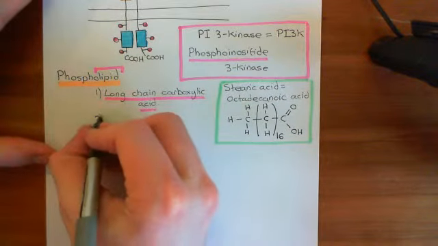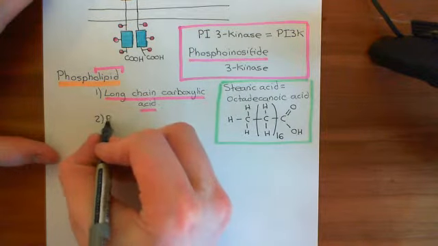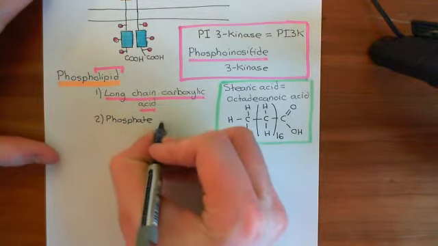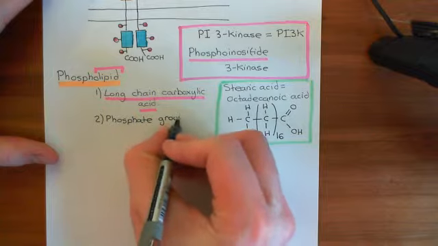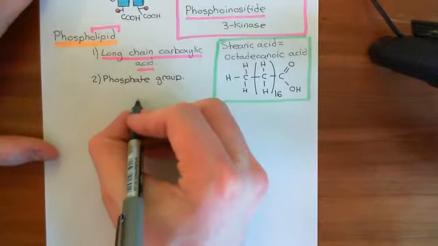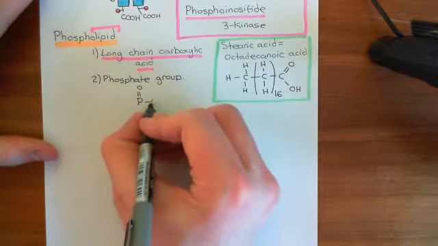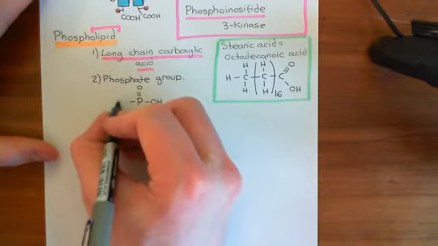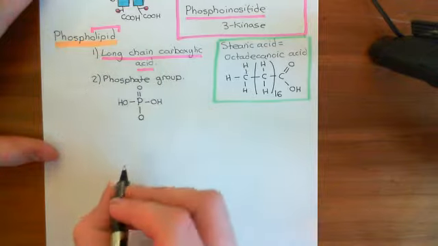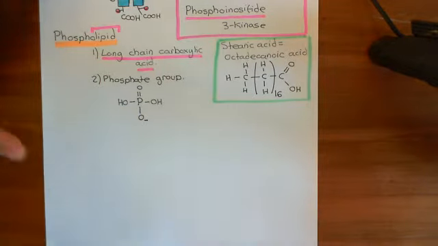The other criterion you have to obey in order to be considered a phospholipid is that you also have to have a phosphate group within your structure. This is the phospho portion. So let me remind you of the structure of a phosphate group. A phosphate group consists of a phosphorus atom double bonded to an oxygen atom, with two alcohol groups coming off the phosphorus atom on either side, like so, and then a single bond to another oxygen which has acquired an electron via ionic means and therefore has a negative charge.